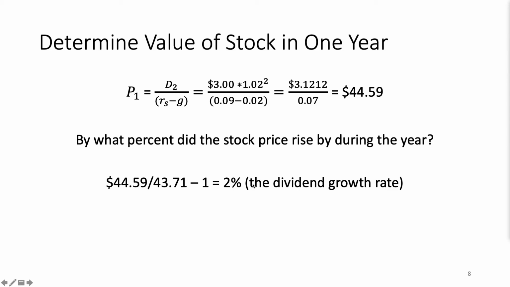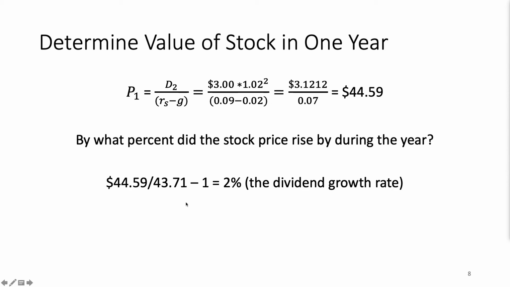You get 0.02, which is 2%. Now, isn't that interesting? The price of the stock year to year has risen by the same growth rate as the dividend, and that's not a coincidence. If the dividend growth rate is 2%, we expect that stock to appreciate in value each year by 2%.